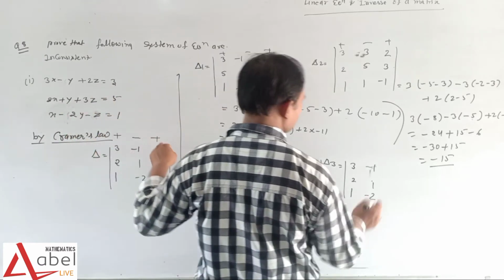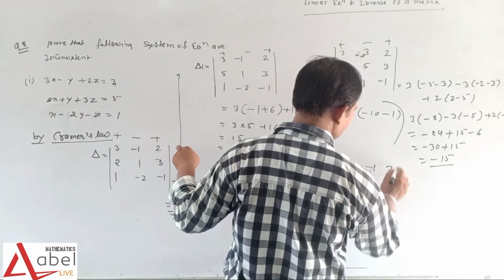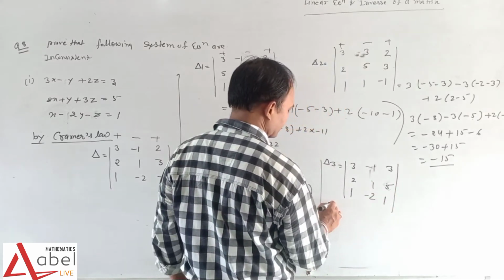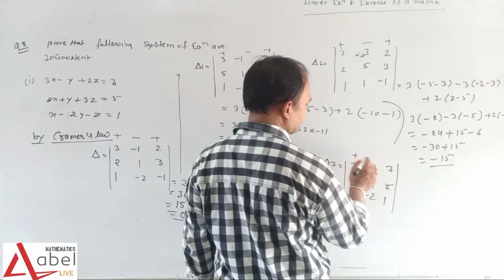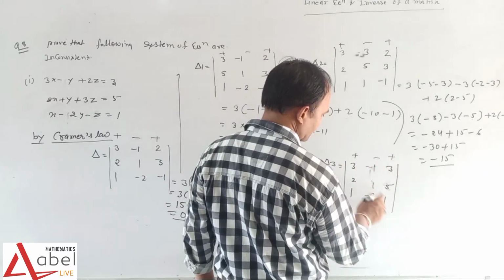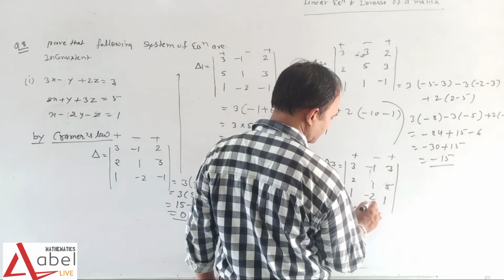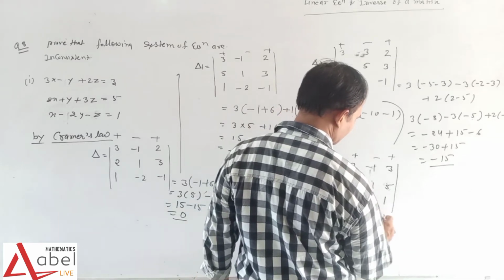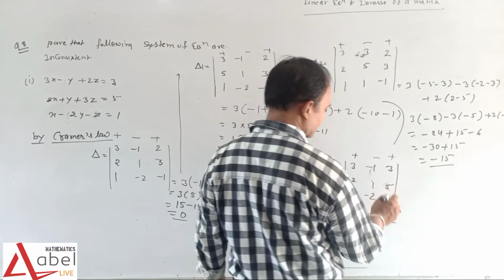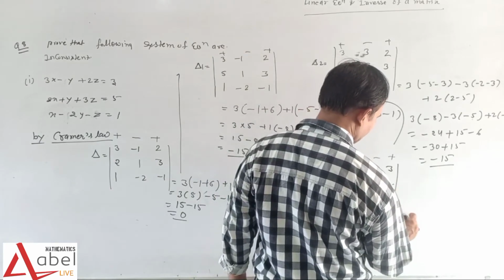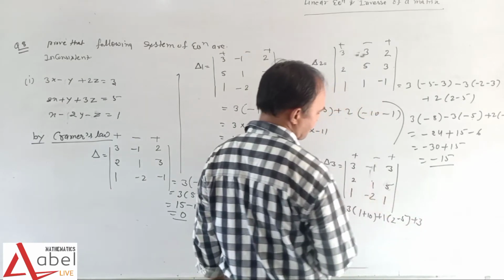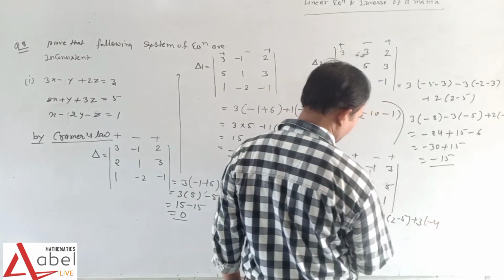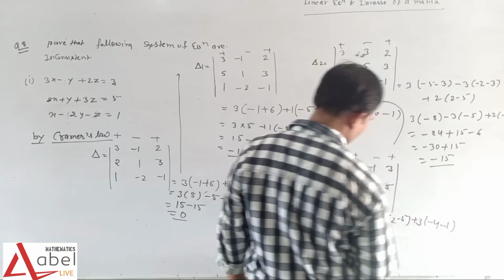And the third place is 3, 5, 1. So what is delta 3? Delta 3 is plus, minus, plus: it is 3, and it is 1, minus, minus, plus, it is 10, plus 1, it is 2, 2 minus 5, it is 3, then it is minus 4, minus 1.